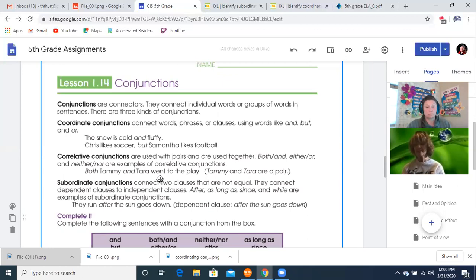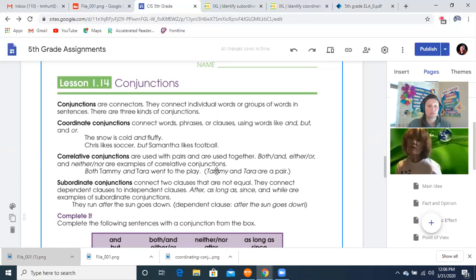I put this sentence: Both Kim and Tiffany went to the play. Both and, those 2 go together. That means Kim and Tiffany are the pair, so you're going to use it with pairs, like 2 people.